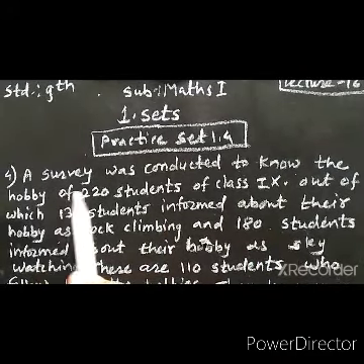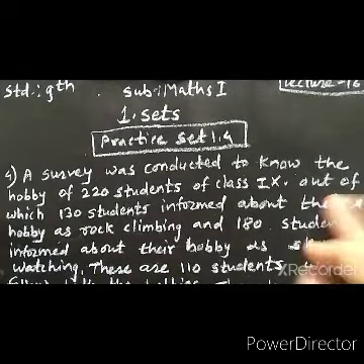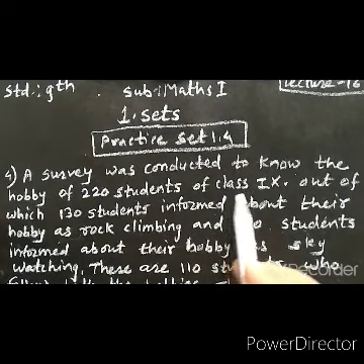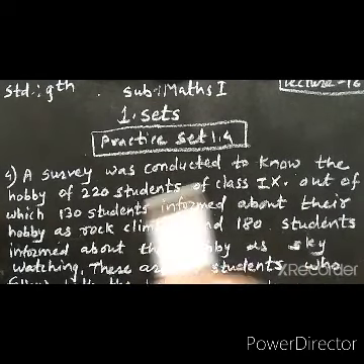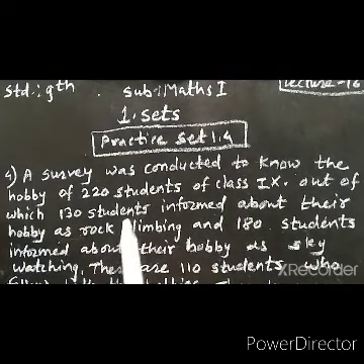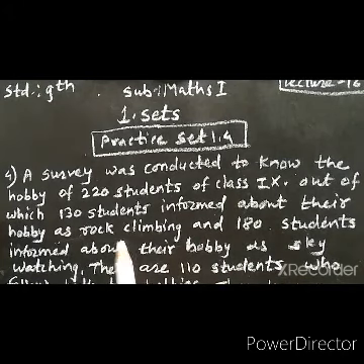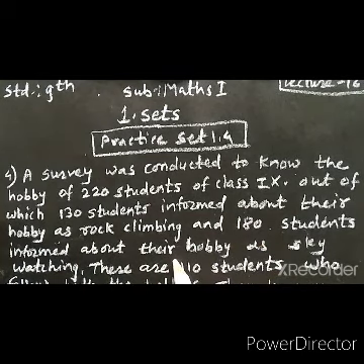A survey was conducted to know the hobby of 220 students of class 9, out of which 130 students informed about their hobby as rock climbing and 180 students informed about their hobby as sky watching.